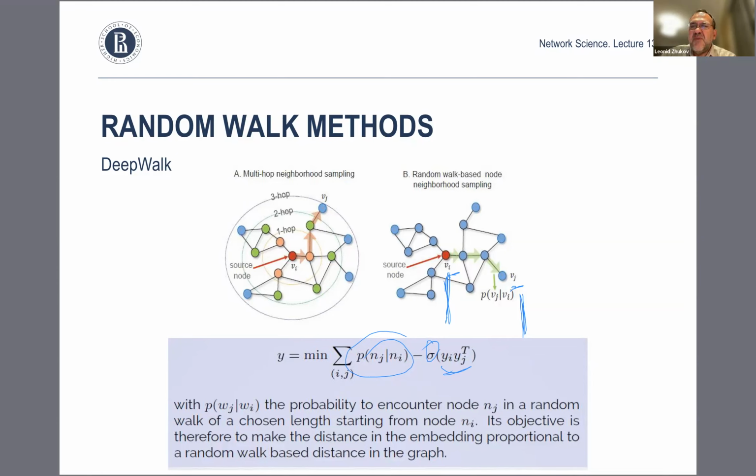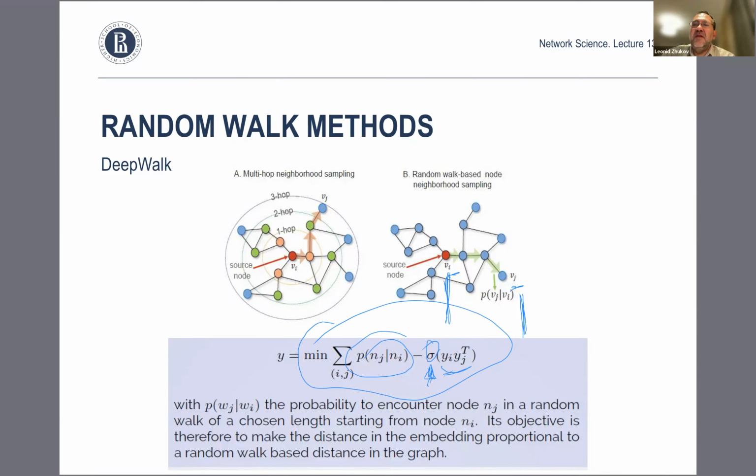Approximately, we are trying to optimize the difference between the probability that we see on the graph and the probabilities we approximate from the embedded space.